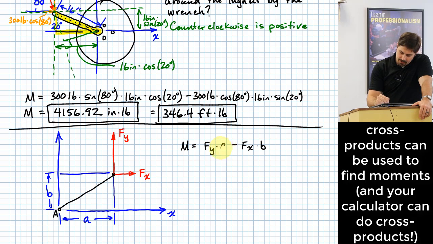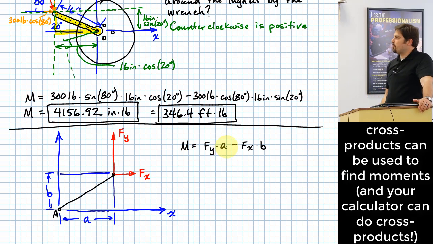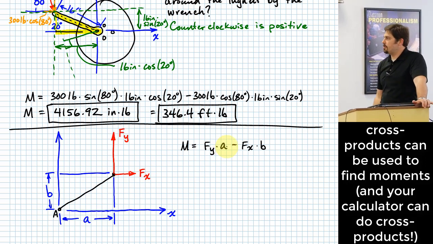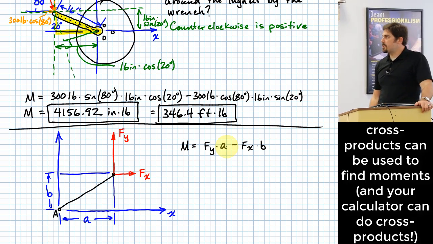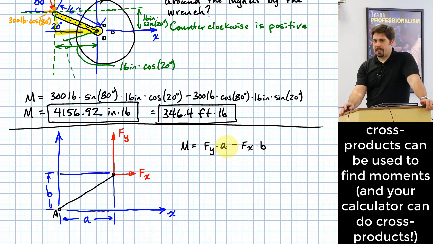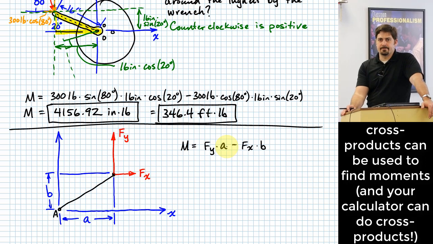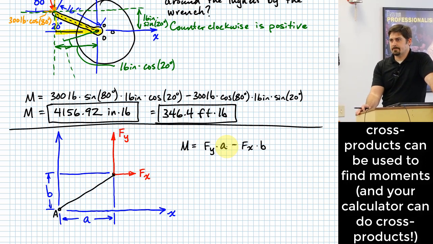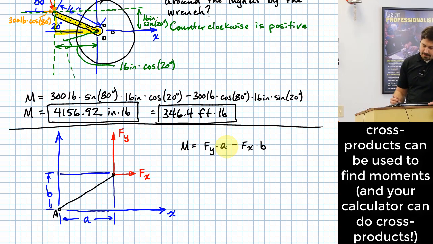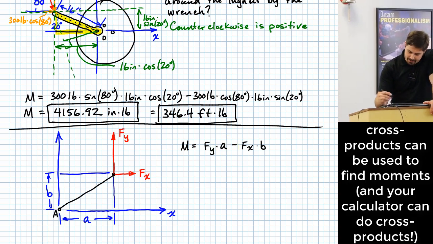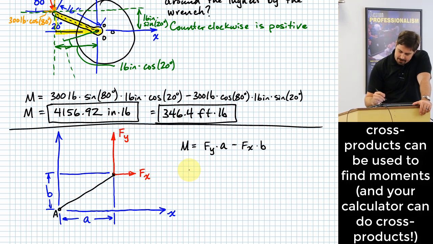Okay, what I want to show you here is something you've probably seen before, but I'll show it to you again. What I am basically doing is taking something called a cross product. Have you ever heard that term? Here is the fanciest way to take a cross product. It's with the idea of a determinant.